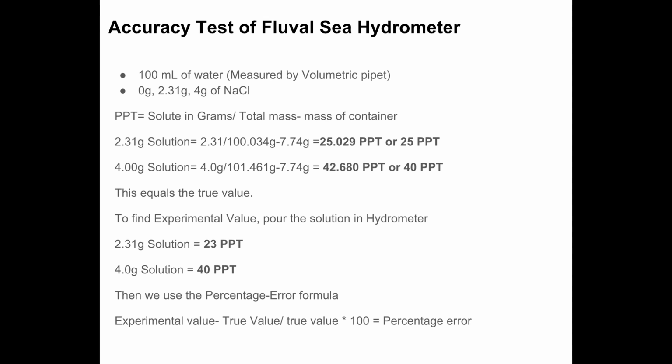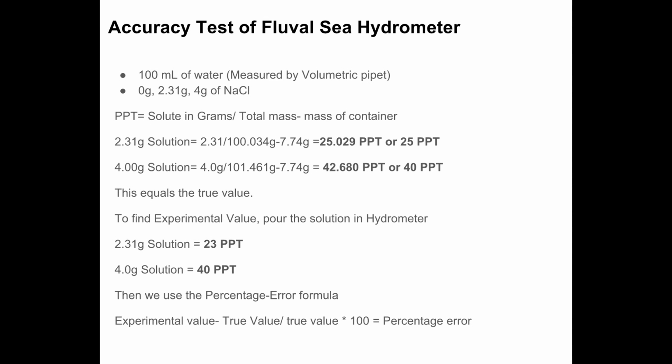Now the solution for parts per thousand is solute in grams divided by the total mass minus the mass of the container. And of course, before we did this, we measured the mass of the container in grams because we needed that.